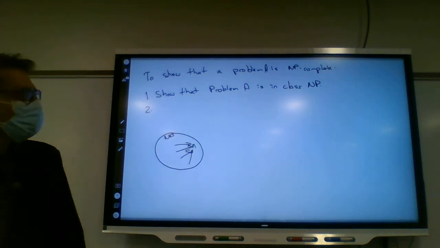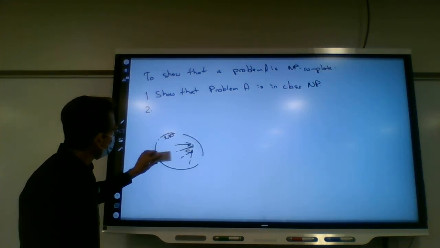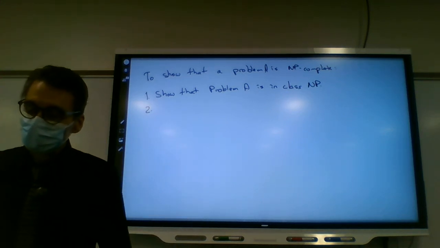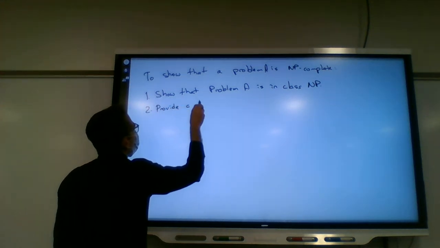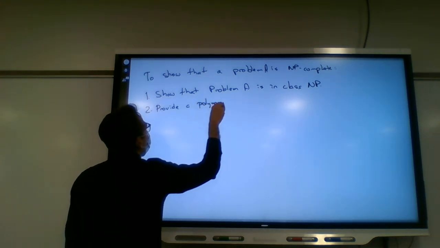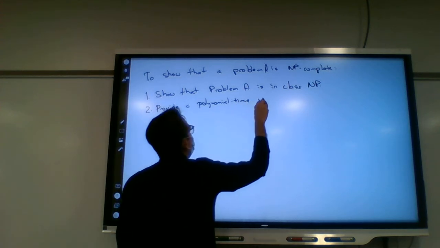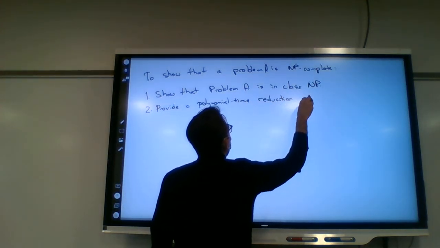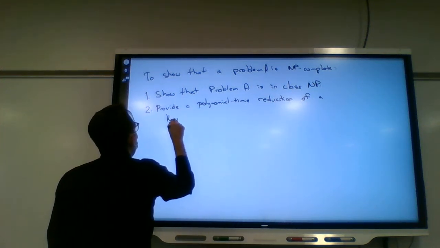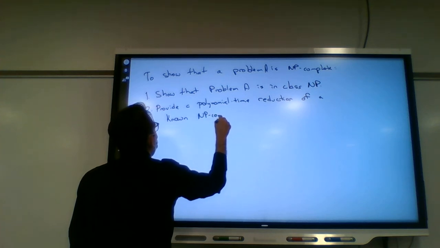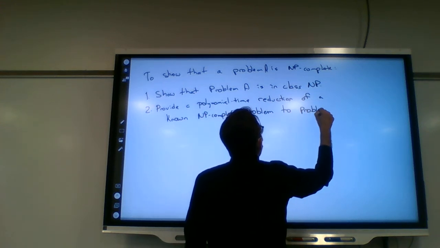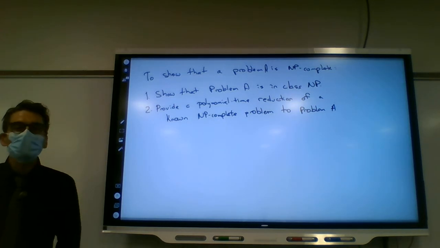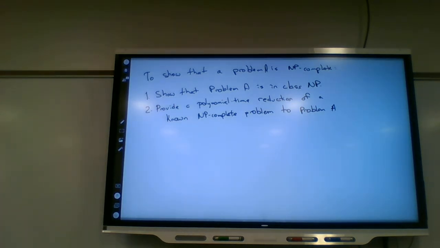So how do we show that we can turn other things into problem A? We need to provide a polynomial time reduction of a known hard problem to problem A. In other words, what do we want to do?